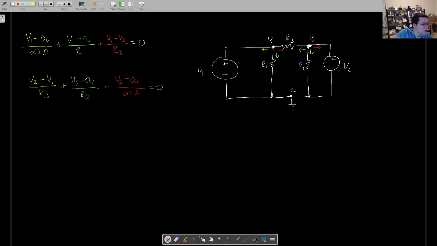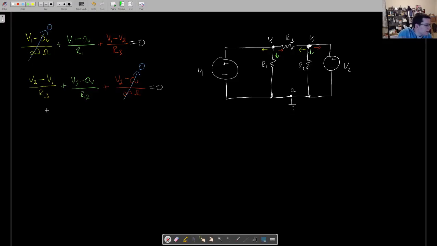Equals 0. Well, right away, I'm going to say, all right, this guy is divided by infinity. He's 0. This guy, divided by infinity. He's 0. Let's not confuse ourselves any more than we need to and remove unnecessary stuff.